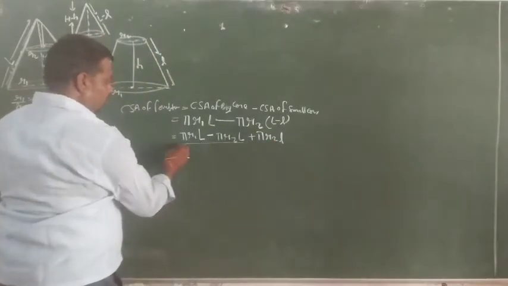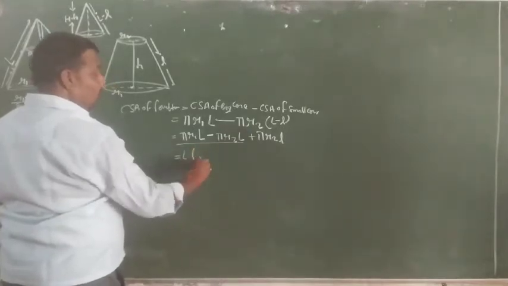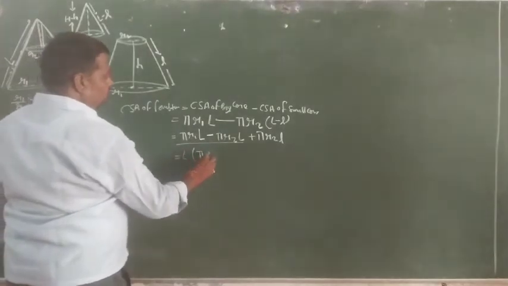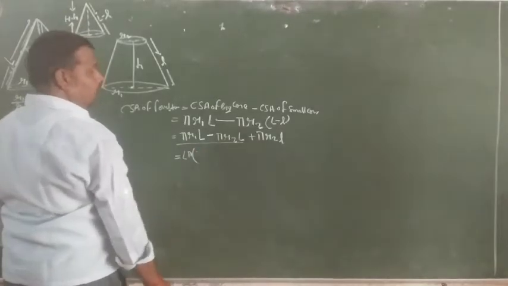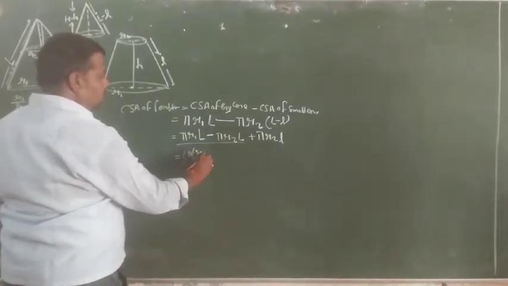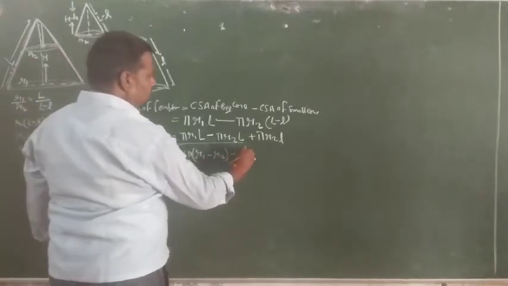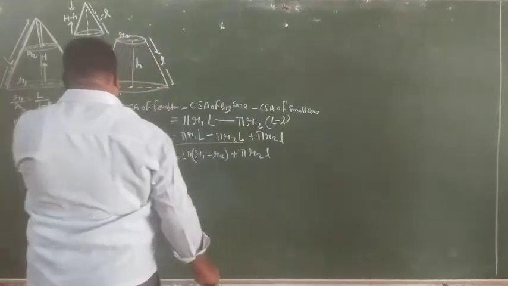We take capital L common. We don't need the capital L, so remove it and put in the value. We take common pi and capital L, remaining is R1 minus R2, plus pi R2 and small l.